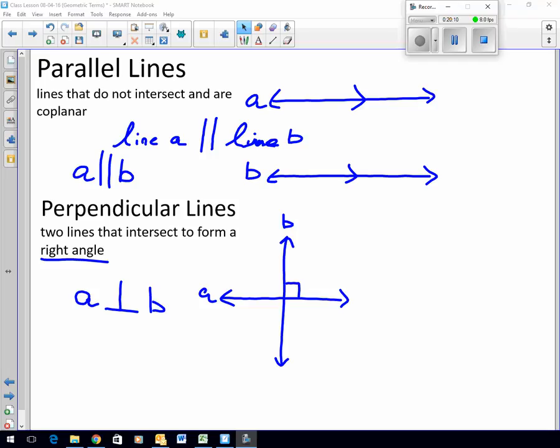Okay? Here is the tricky part. The class involves, well, what makes lines perpendicular? How do we get lines to be perpendicular? How can I know what lines are or are not perpendicular? How do I create perpendicular lines out of different types of shapes? Same thing with parallel lines. What makes lines parallel? What doesn't make lines parallel?